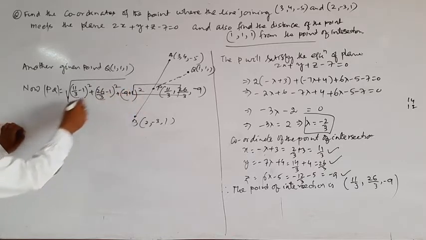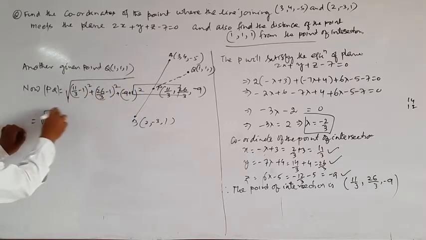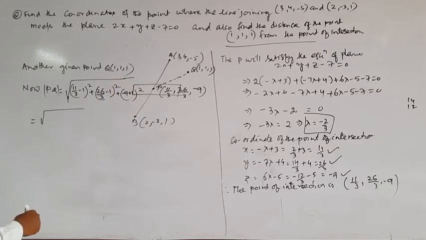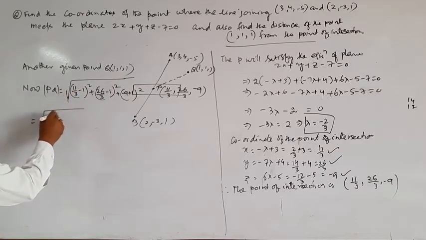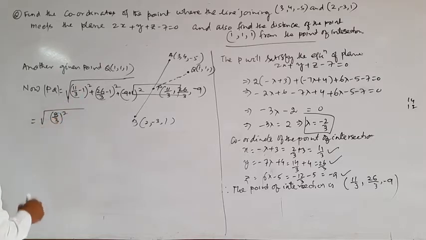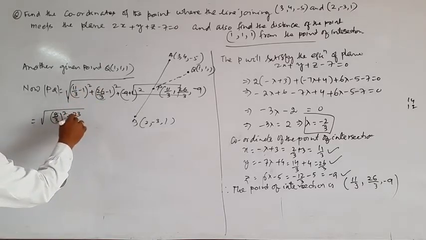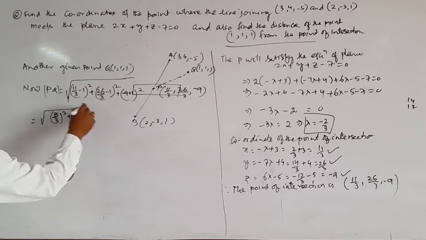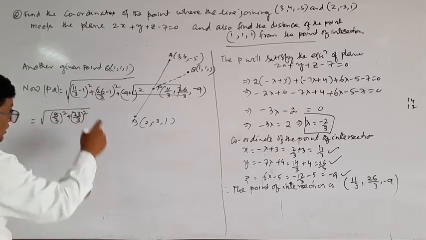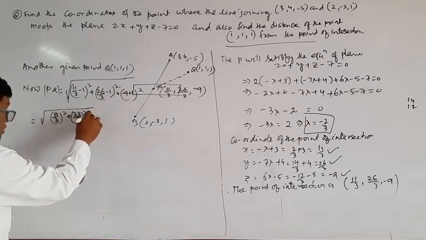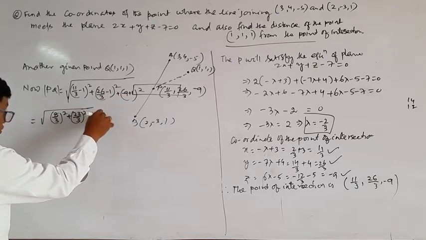So this is equal to square root of 11 minus 3, 8 by 3 whole square, and 26 minus 3, 23 by 3 whole square, and 8 whole square, that is 64.